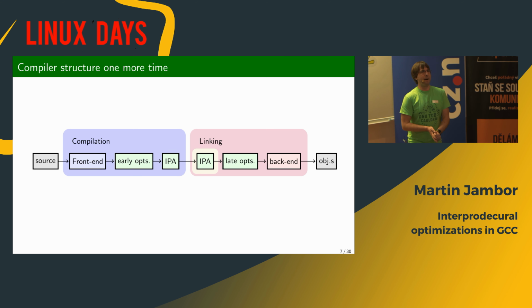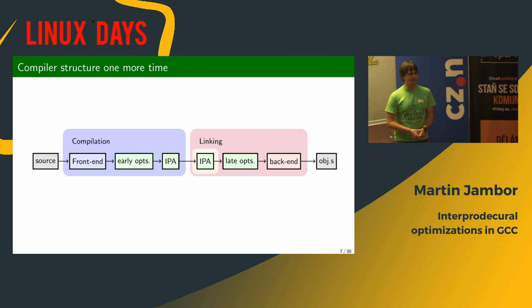So let's have a look back at how the LTO scheme of things affects the division of the optimization pipeline and how the compiler itself is divided. In the blue box, you see the bits that are, from the user's point of view, still part of the compilation. That's what happens when you run GCC. And that is definitely the front end, which has to understand the language in which you wrote your project.